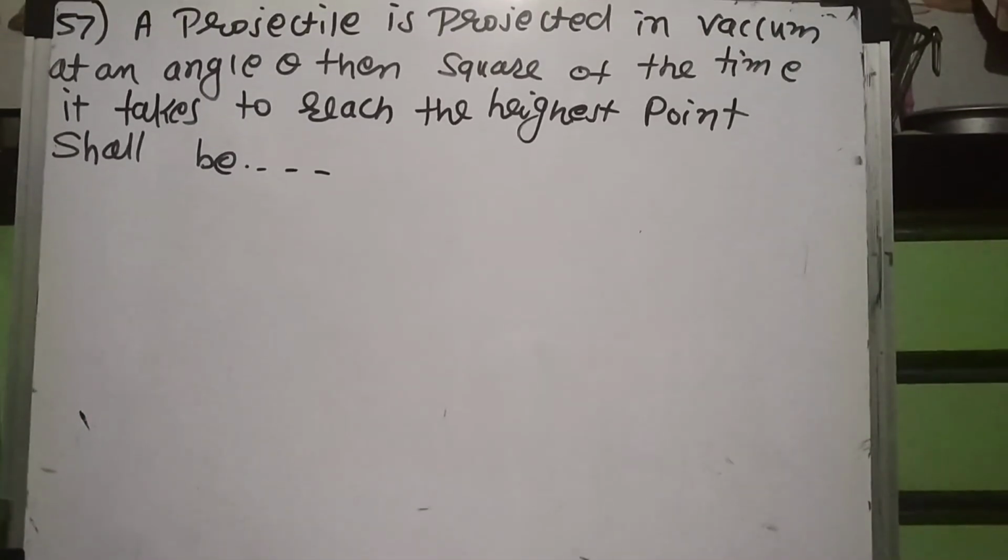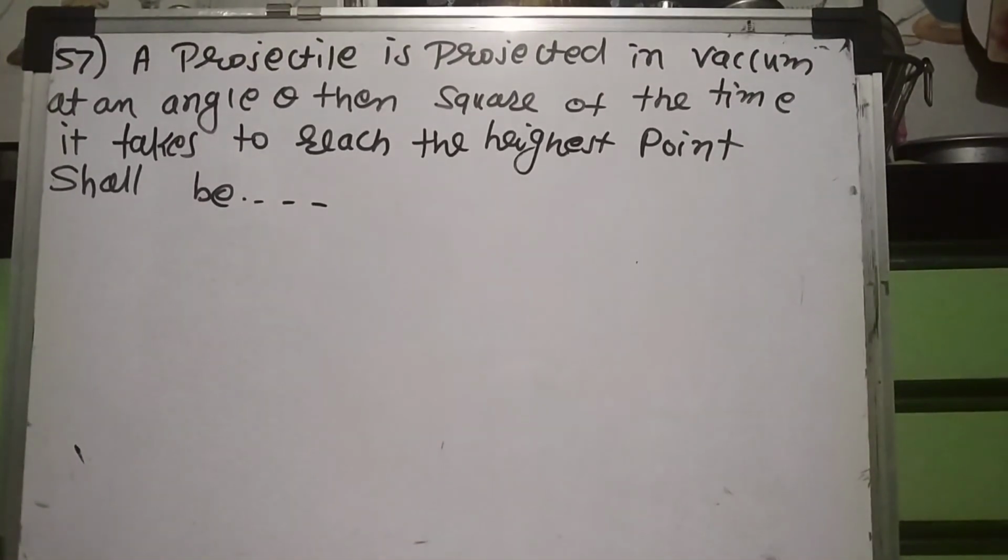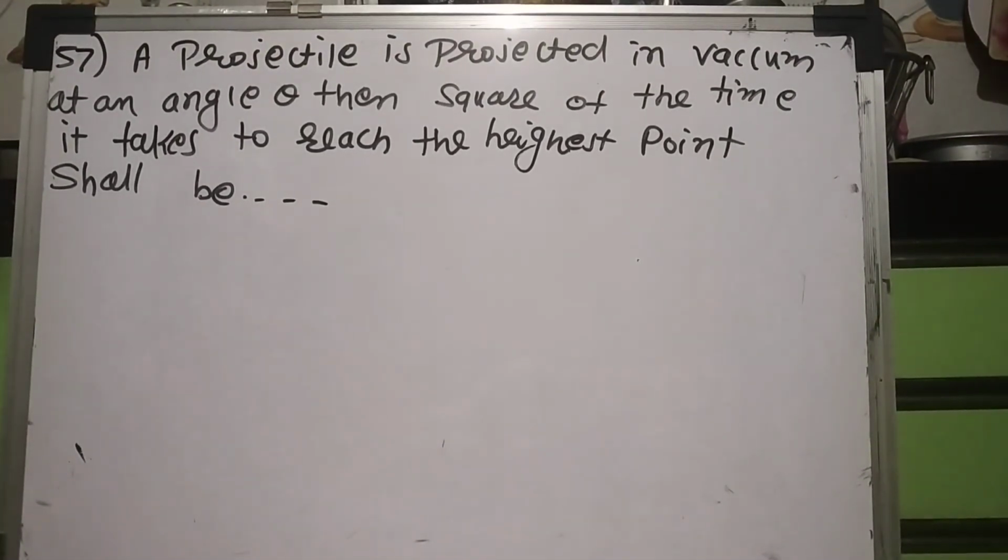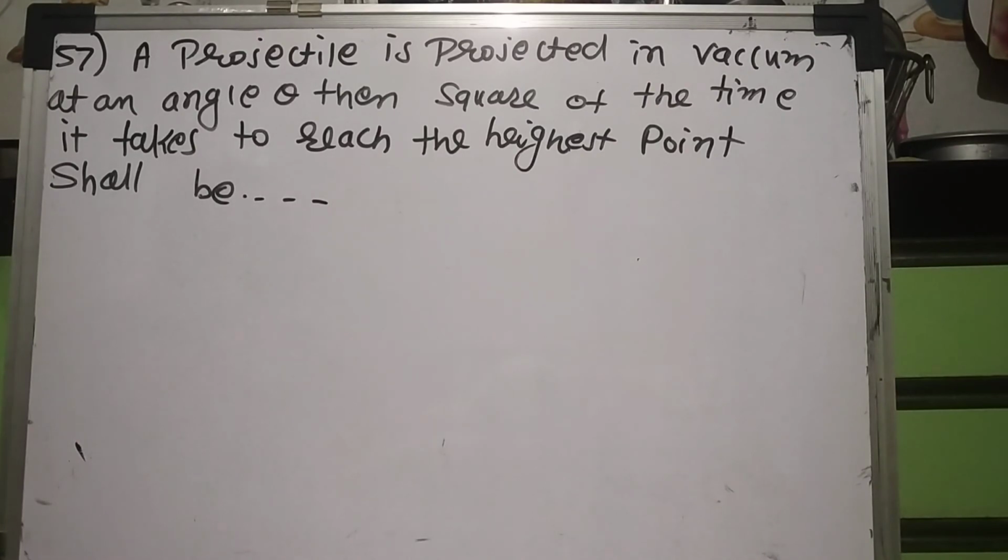Okay, take the next question. Question number 57: a projectile is projected in vacuum at an angle of theta, then the square of the time it takes to reach the highest point shall be.